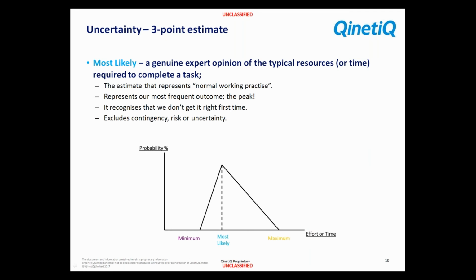We recognize that sometimes we don't get tasks right first time. But if we were pressurized, if we were pushed, that point with the peak is the answer which we would give most frequently. If you ask me how long does it take me to get from work to home, I will say 20 minutes. That excludes any contingencies or any uncertainty.